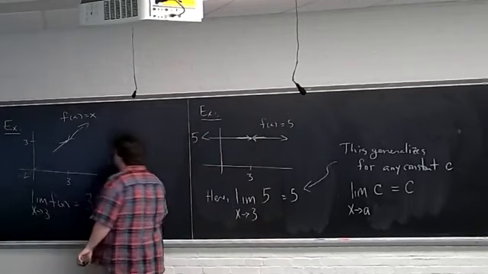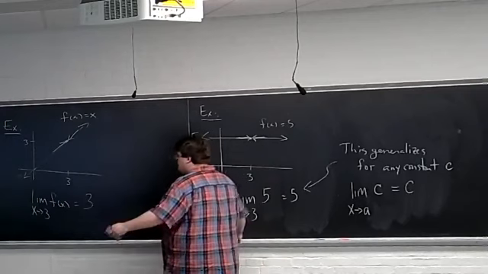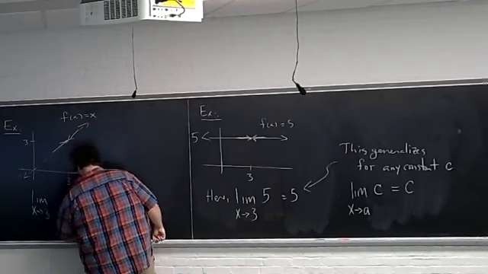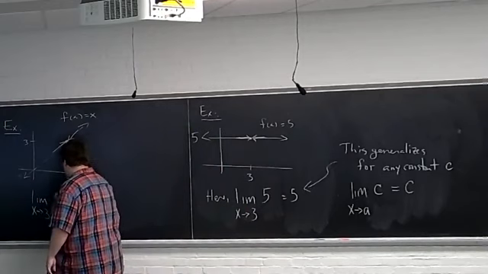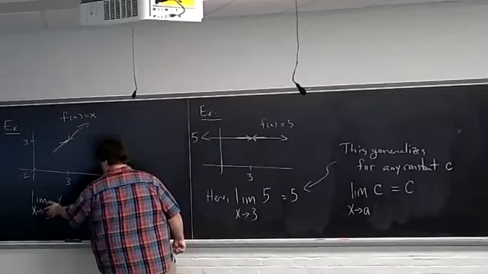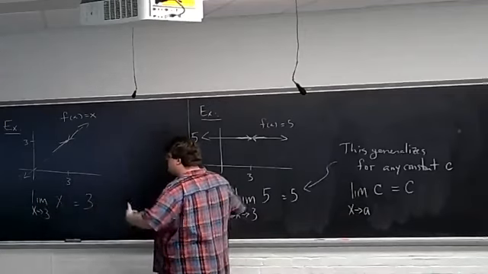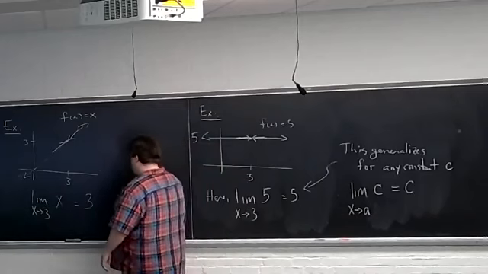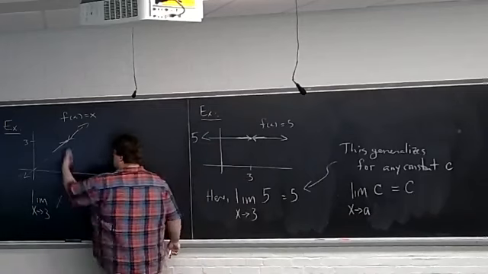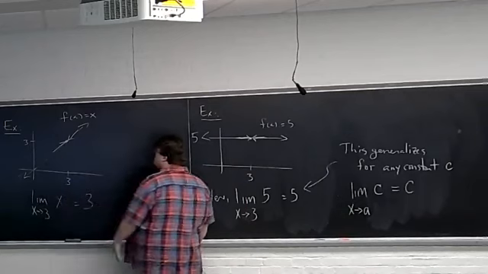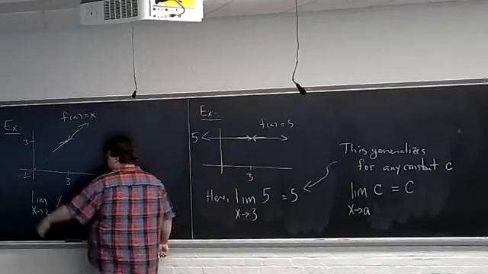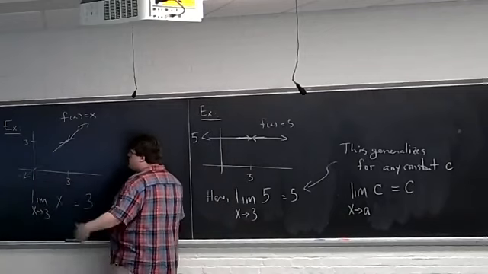Now, this function here, f of x equals x, well, we can replace f of x with x because they're equal. So this graph is actually telling us as x approaches 3, the limit of x is 3. And this also generalizes because the ordered pair on this line, f of x equals x, is always going to be an x value and the same x value on the y-axis.